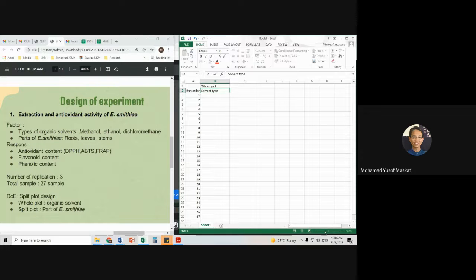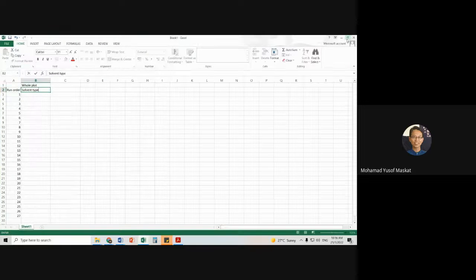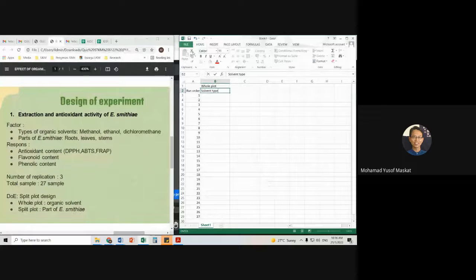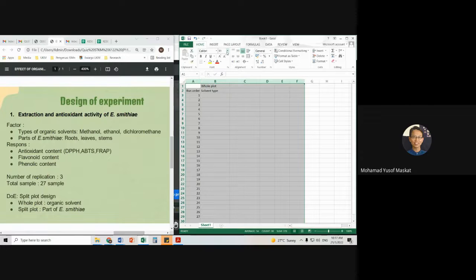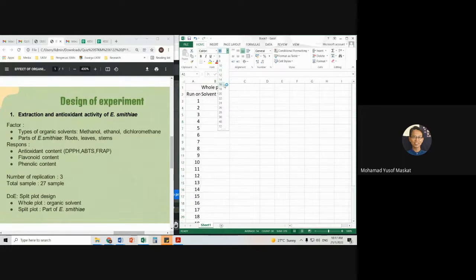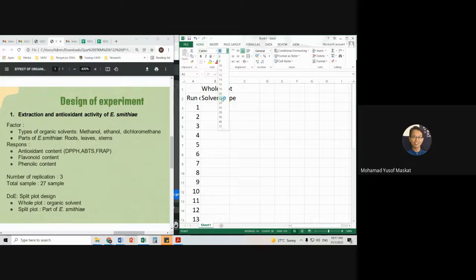What happened? Oh, I cannot increase it. So maybe I'll just make it larger. Is that more readable?